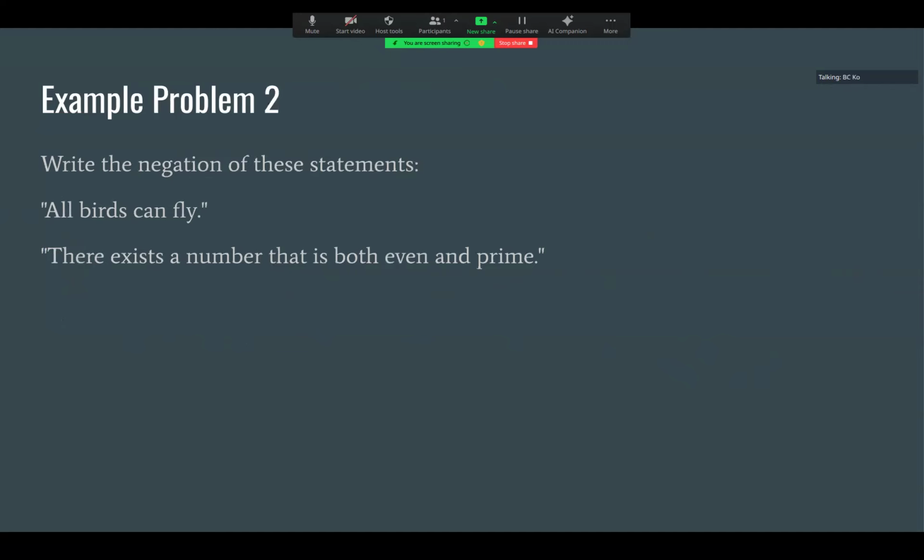And here is another example problem, which is writing the negation of each statement, which essentially means stating the opposite.